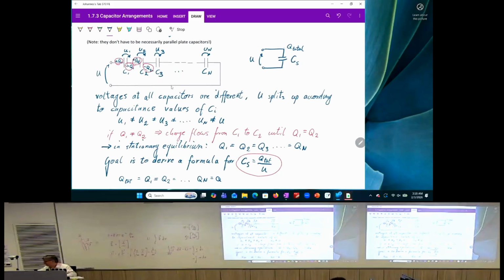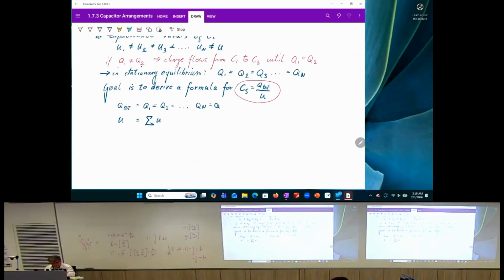Remember Kirchhoff's voltage law, the voltage from here to here and the voltage from here to here, they are the same. So we have U is the sum of all the individual voltage contributions over the n capacitors. So our U total is the sum of the Ui.